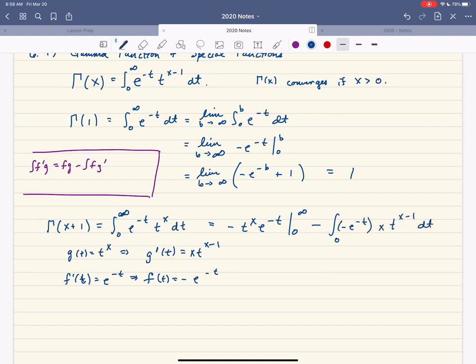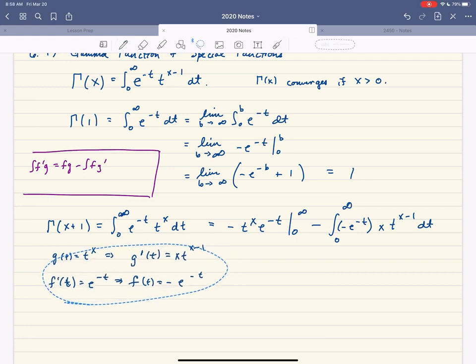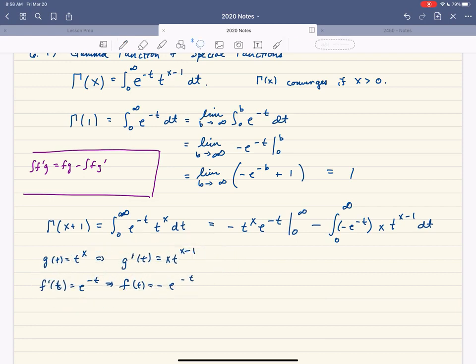Again, this is not a substitution, so the bounds stay the same. And again, let me just wall off the part that we're making here. So this is going to be our new integral that we'll have to deal with.